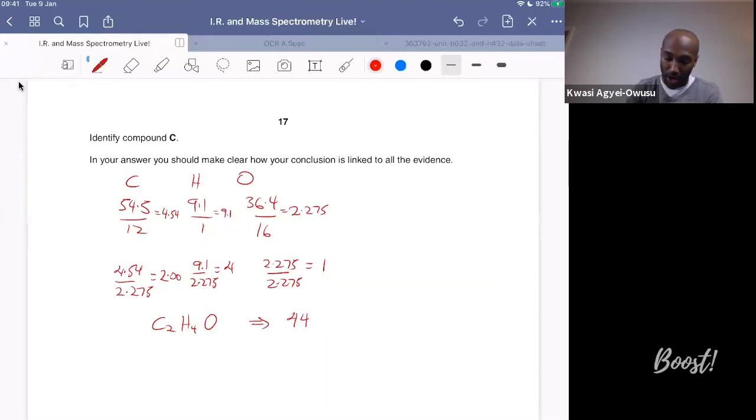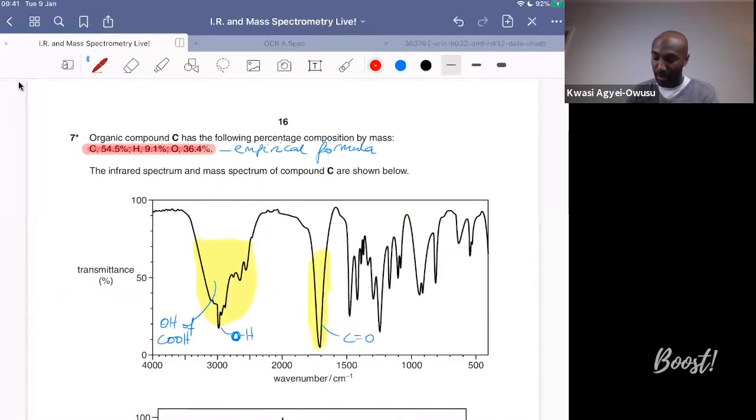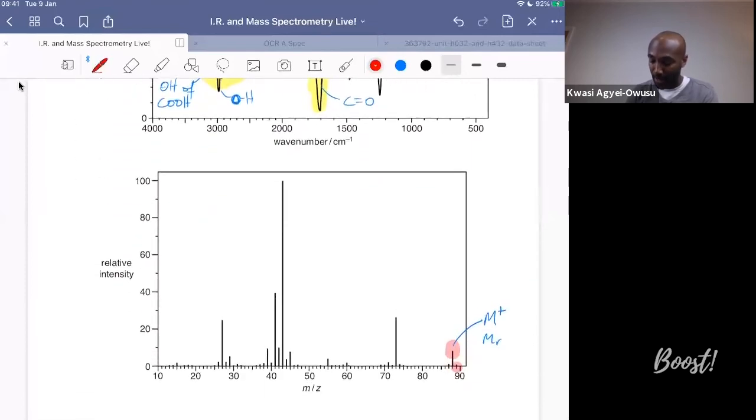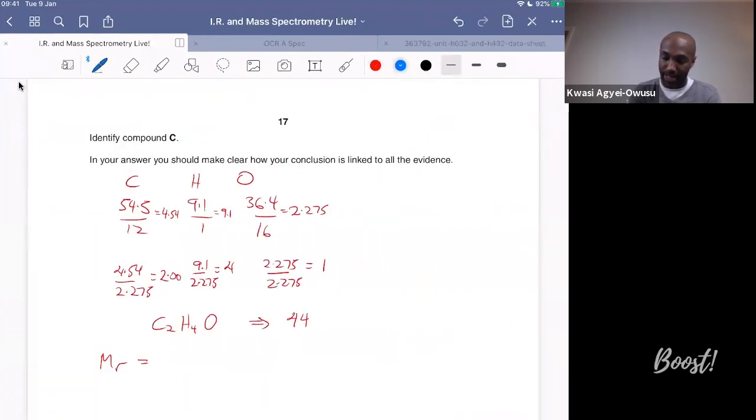Okay, so we haven't quite worked out what the MR is equal to. If we go back to our mass spectrum, our MR looks like it is 88. We've got 90, and then counting 2 back to that signal, we should have 88. So the MR is 88. If we divide 88 by 44, we get 2.